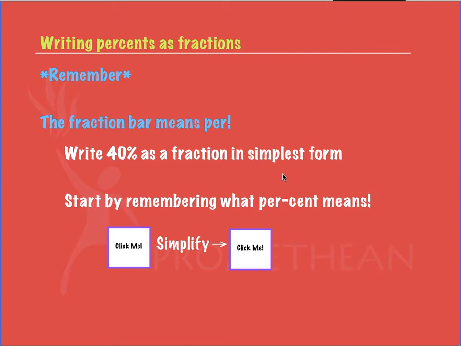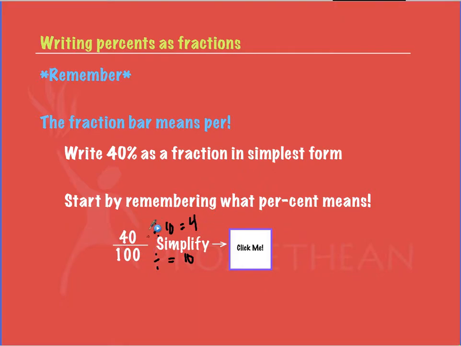So first, write 40% as a fraction. Start by remembering that percent means per 100. So start by just writing 40 per 100. Then simplify. You can divide both of these numbers by 10, which gives you 4 over 10, but you can divide again by 2.